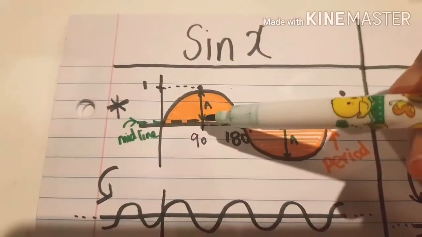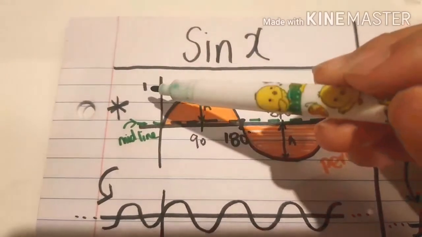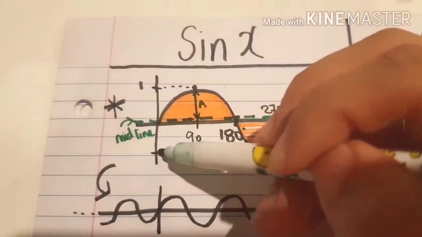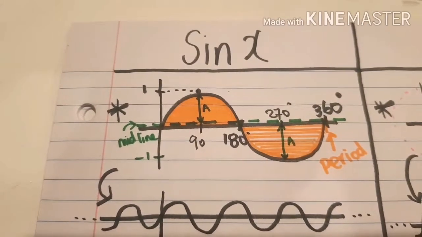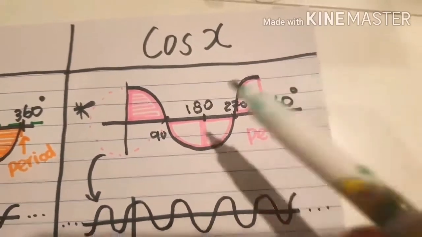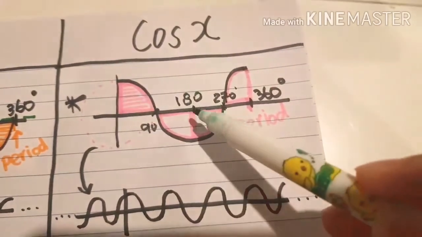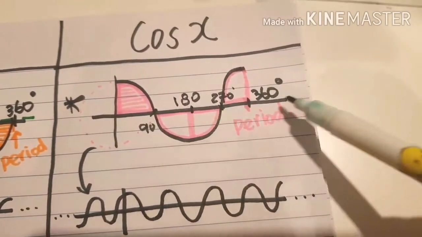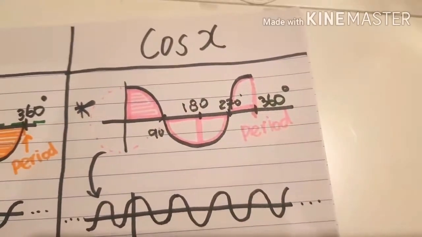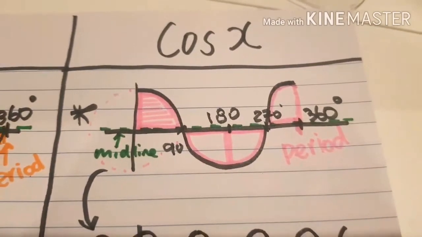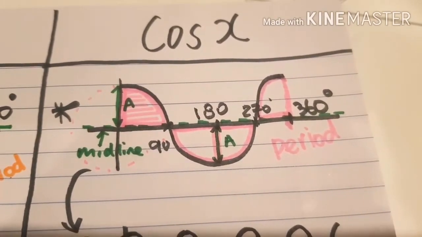For sine and cosine, both of them have an amplitude of 1, and that should be -1. The midline should be in the middle, so it should keep the same distance. There you go, this is my midline, and that's going to be my amplitude.